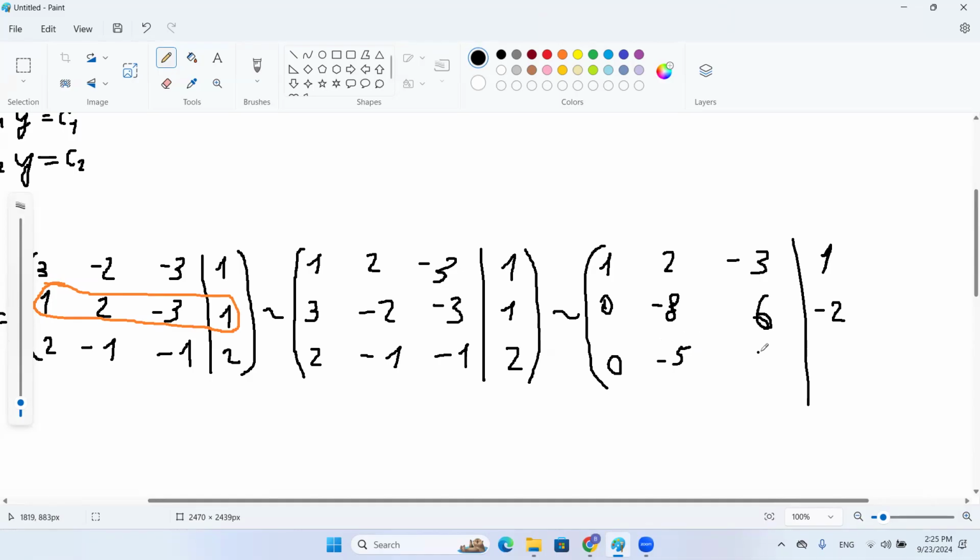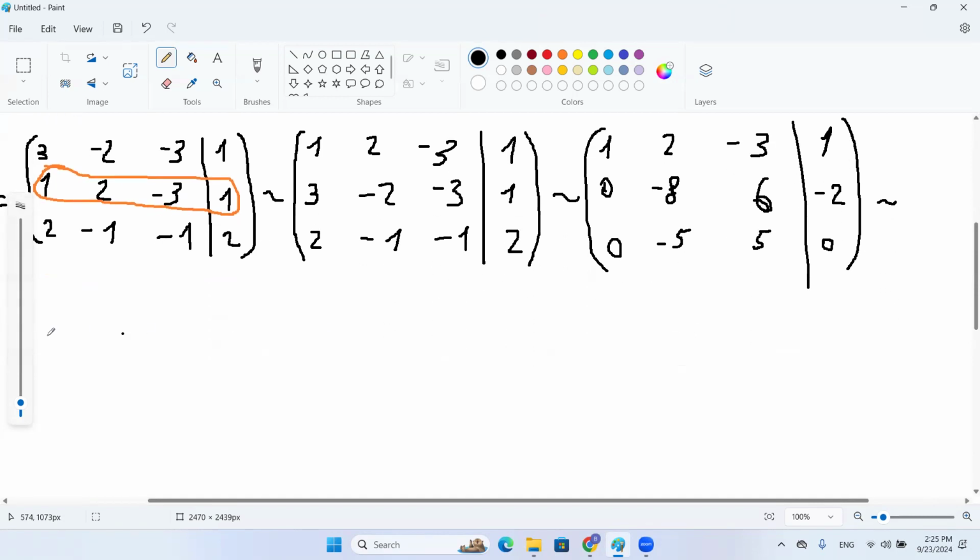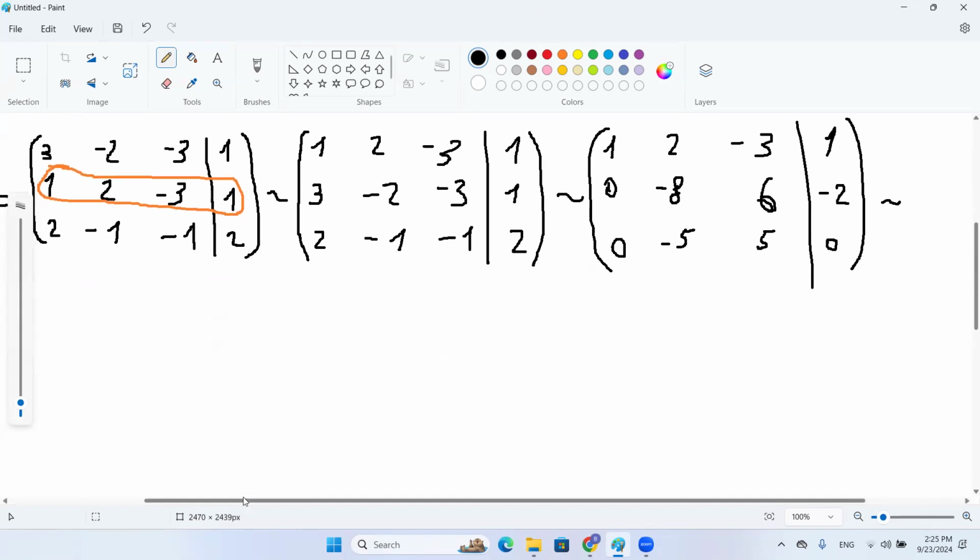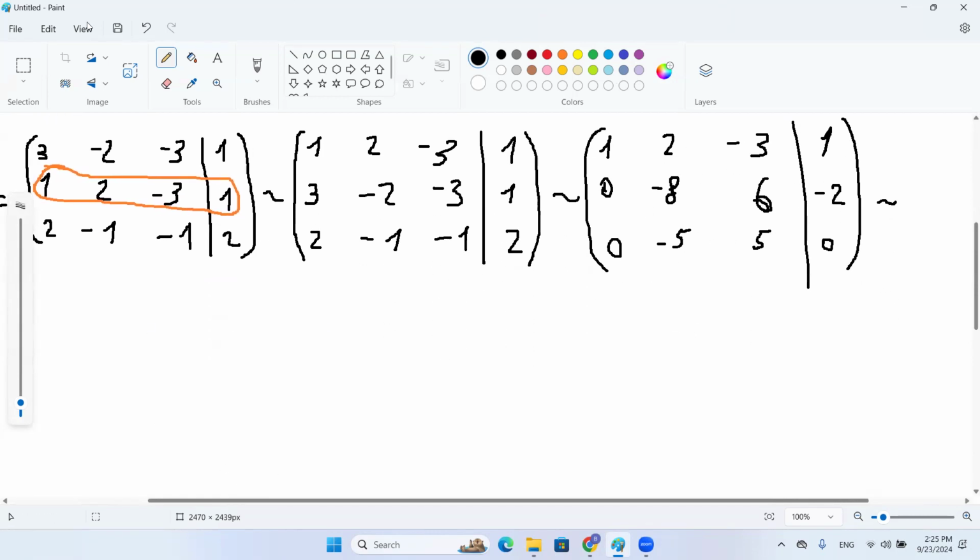Yeah, 5, and here it's 0. 0. Okay. Correct.